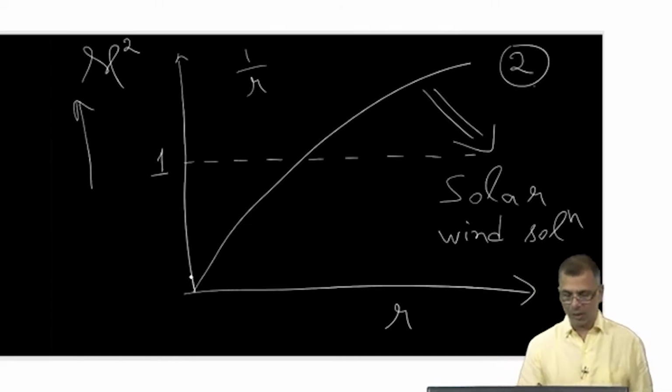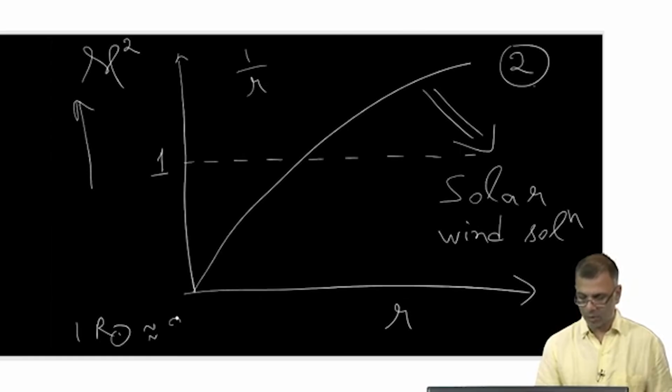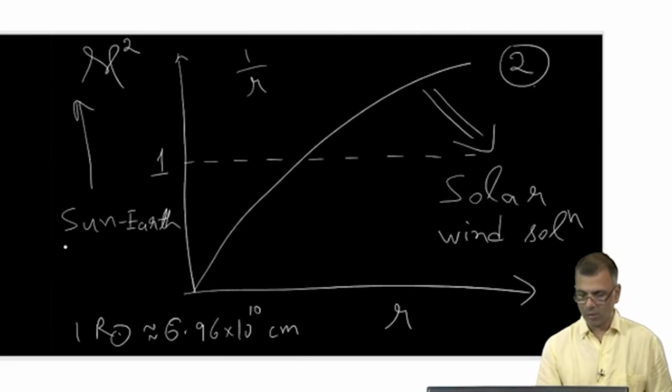One solar radius is about 6.96 times 10 raised to 10 centimeters, and the sun-earth distance is 215 solar radii.